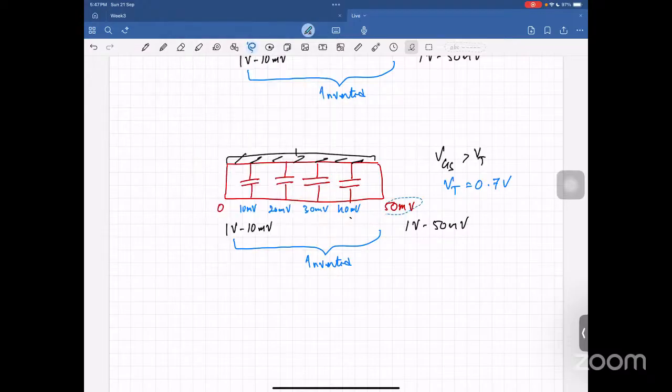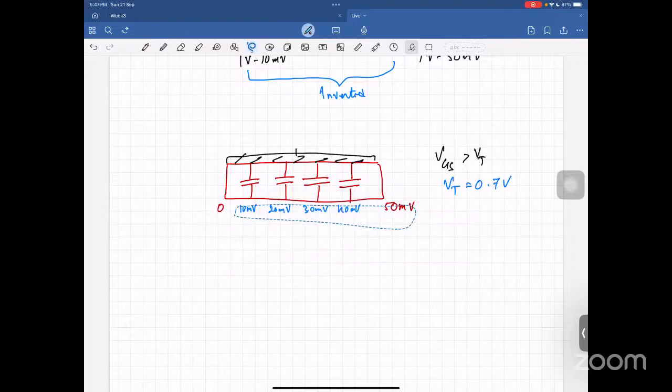Instead of this, I want it to be 1 volt here. If I make it 1 volt, what is my voltage across the channel? Here it will be 0.2 volts, 0.4, 0.6, 0.8 and 1 volt. There's a voltage drop across the channel.